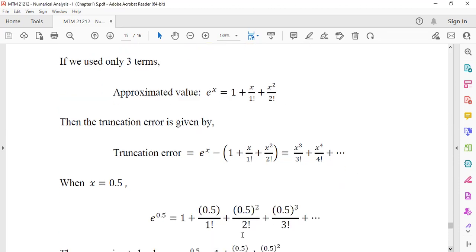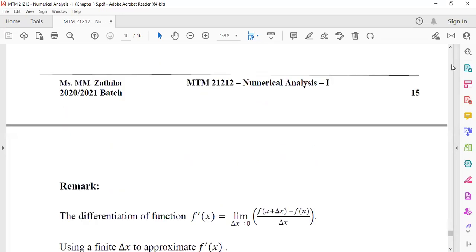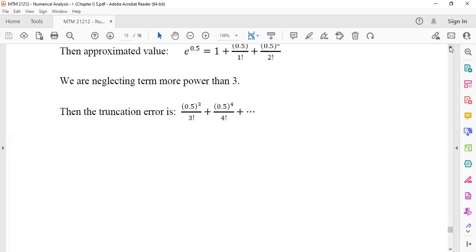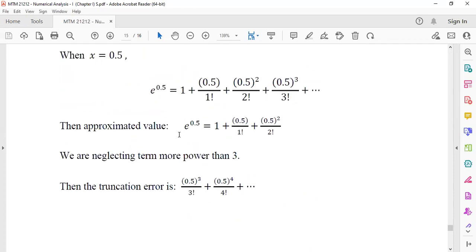So this is the answer for e to the power 0.5. Just substitute, no need to calculate. It will be a big process. You can calculate later if you have time, in the calculator or computer if you like. Okay, next one. So what is the approximated value? Only 3 terms. Take only 3 terms: 1, x over 1 factorial, x squared over 2 factorial.